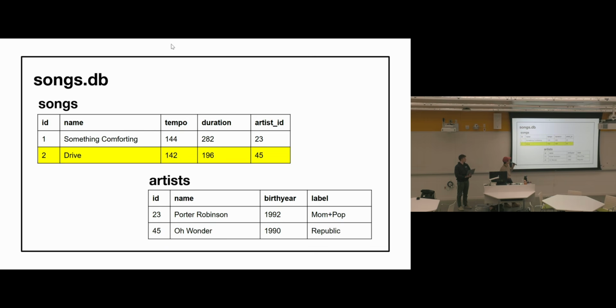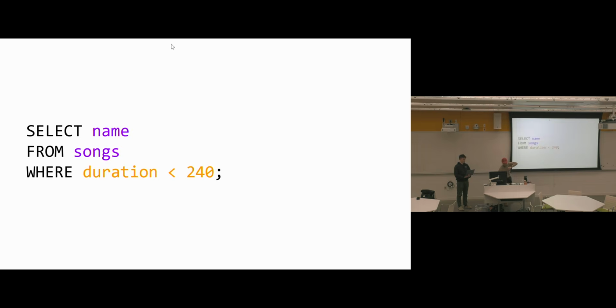So using this, SELECT name FROM songs WHERE duration < 240, we go back to our example. We're going to go into the songs table. Also, this is a little misleading. There's the songs database and the songs table. When you're running this, you're talking about the songs table. The database itself does not appear in any of these queries. It just happened to also be named songs.